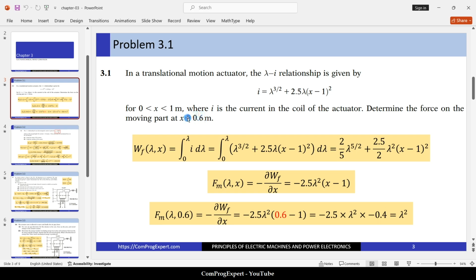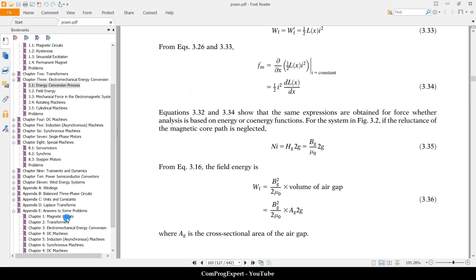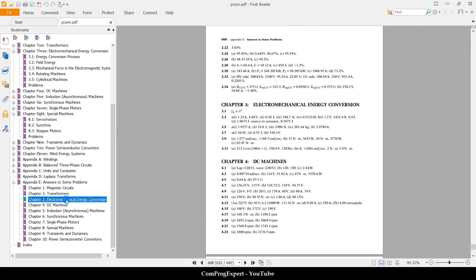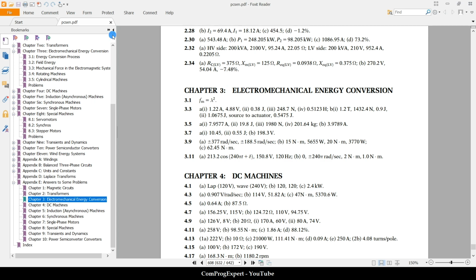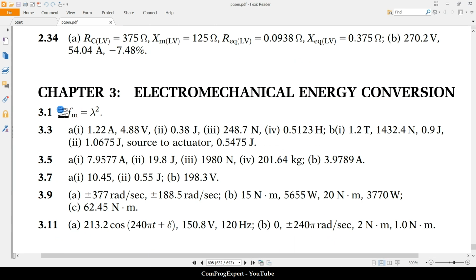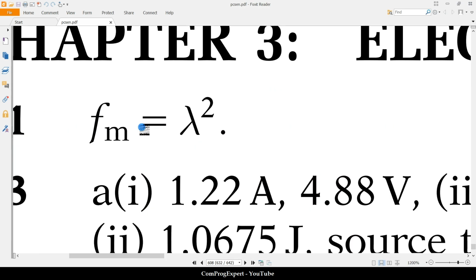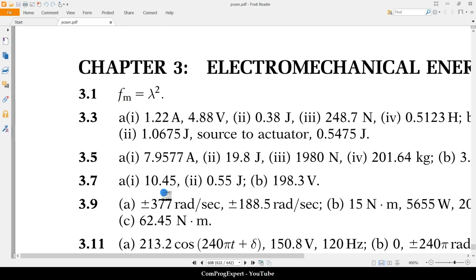So if we replace this number, we will have this equation. The value of the force is proportional to lambda to the power 2. So let's check the solution from here. The first problem of chapter 3, the f_m force.